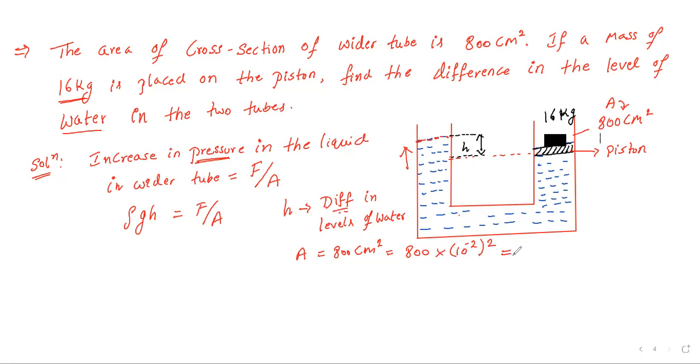So I can further write it as 800 into 10 power minus 4, or we can write it as 8 into 10 power minus 2 meter square, because 800 can be written as 8 into 10 square. Plus 2 and minus 4 becomes 10 power minus 2.